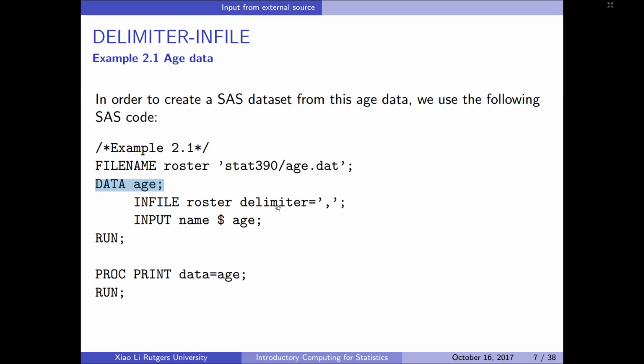And we start with the data step with the dataset name of age, and also begin with the infile statement and roster as a file name, which is the same here, followed by the delimiter option. Because the file here is split by commas, we proceed with the input step.